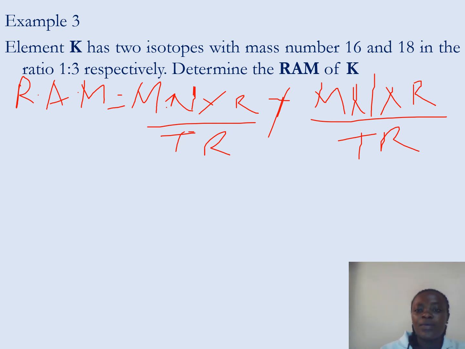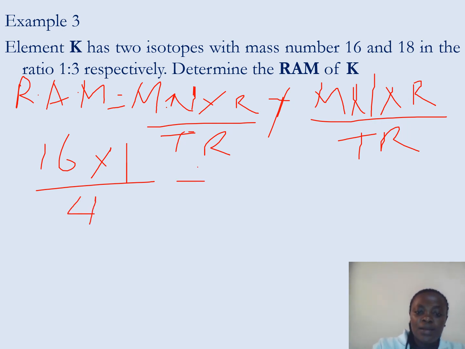So the first isotope has a mass number of 16. So we have 16 multiplied by its ratio, which is 1, divided by the total ratio, 1 plus 3, that is 4, then plus the second isotope, which has a mass number of 18.